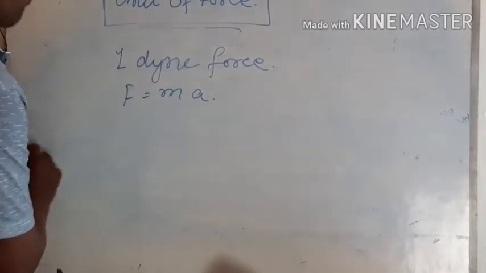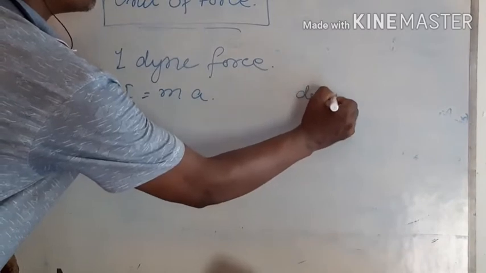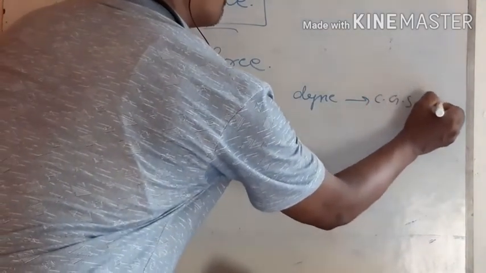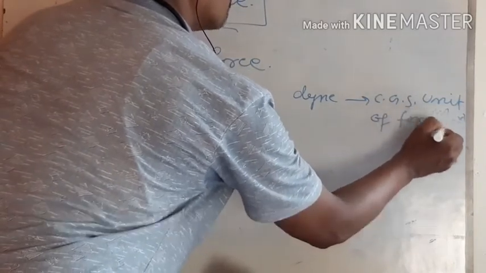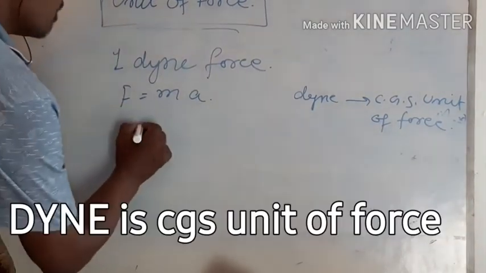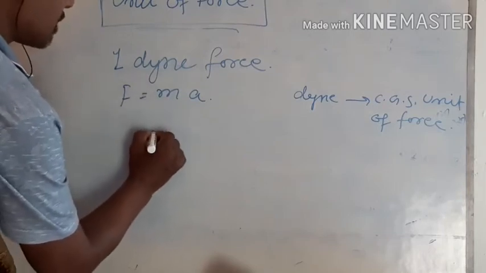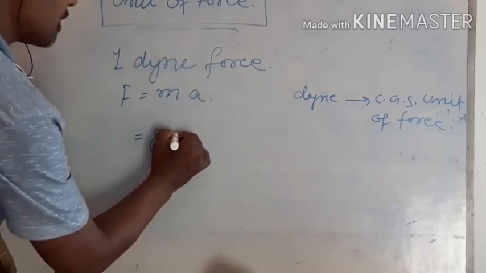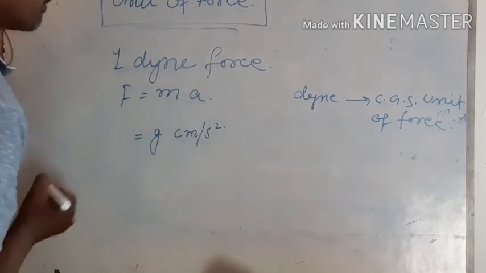So here dyne is the CGS unit of force. अब डाइन कैसे बनता है, जैसे न्यूटन बना है वैसे आप देखेंगे. सो जब सीजीएस यूनिट ऑफ फोर्स है तो मास का सीजीएस यूनिट हमारा क्या है, ग्राम, और एक्सेलरेशन का सीजीएस यूनिट है सेंटीमीटर पर सेकेंड स्क्वायर.